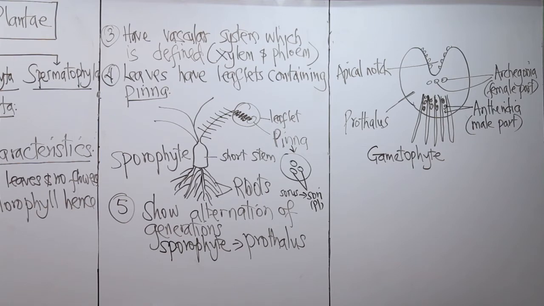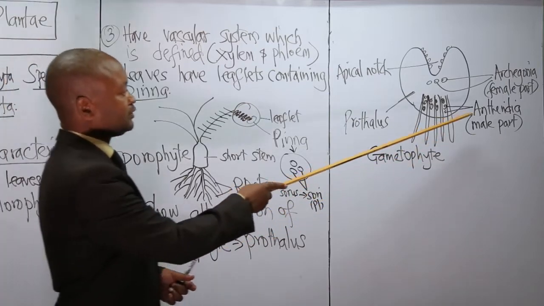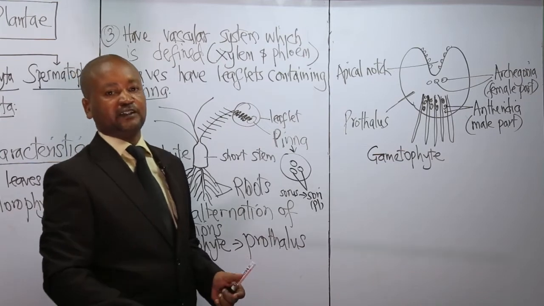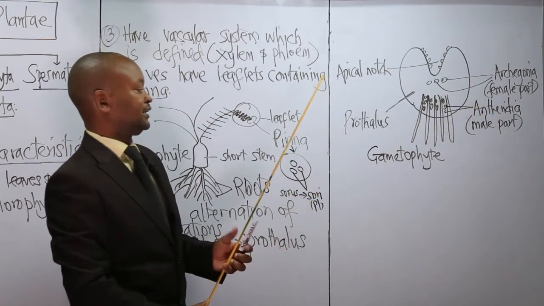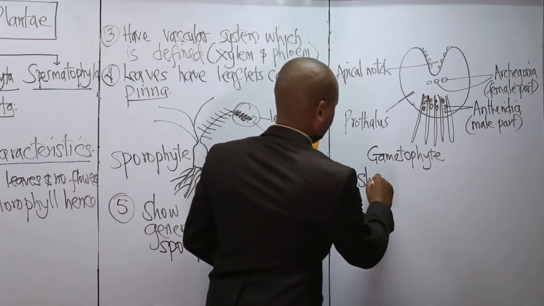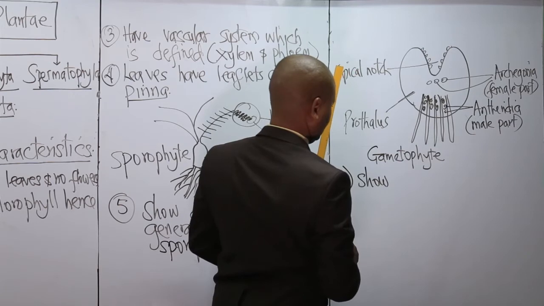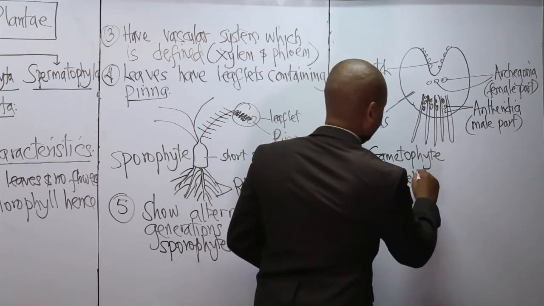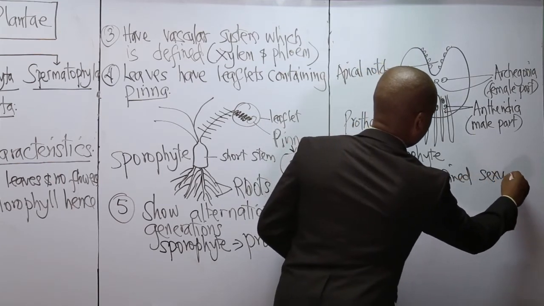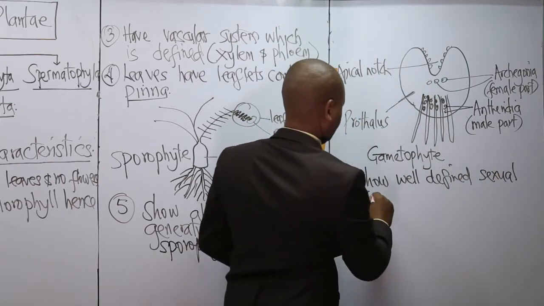Then finally, they clearly have sexual reproduction, as you can see, which is shown here. Once we have a male gamete and a female gamete, it means they will fuse in the process of fertilization. So they show well-defined sexual reproduction.